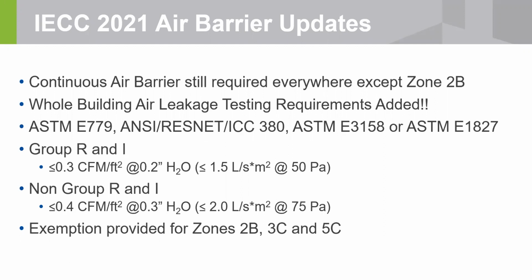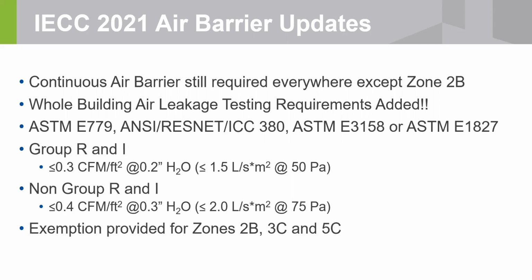And then greater than 5,000 square feet in climate zone 2A. So Houston, everywhere, San Antonio, Austin. So greater than 5,000 square feet will be exempt in 2A. 2B is exempt across the board for other than R and I. Well, even group R and I, 2B is exempt.